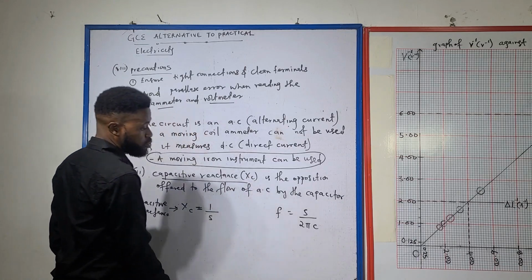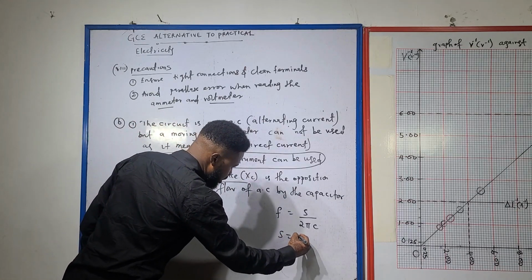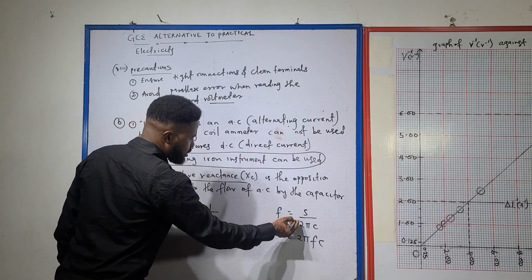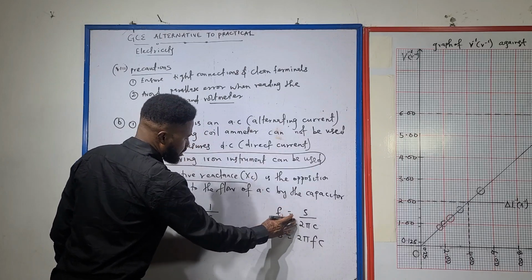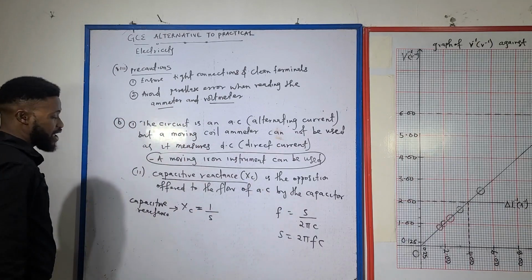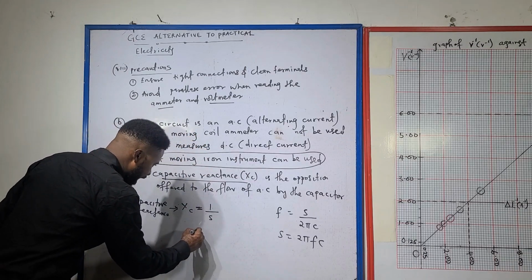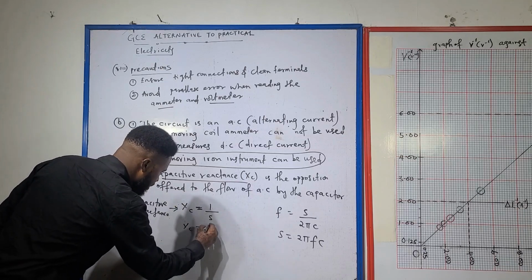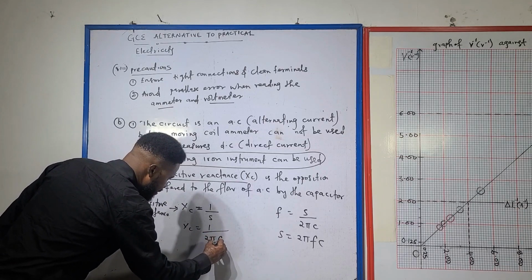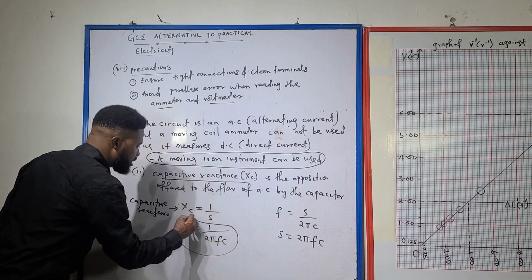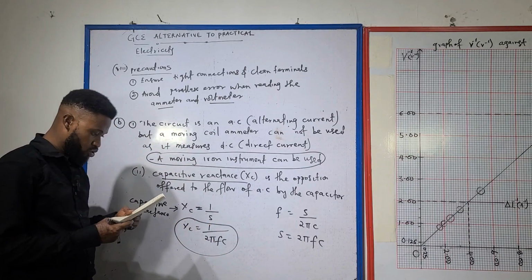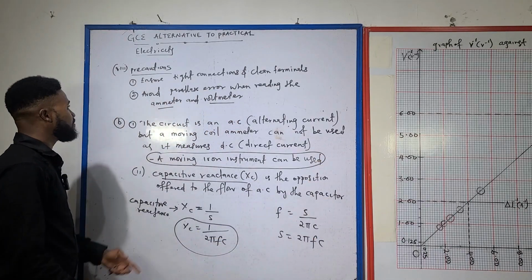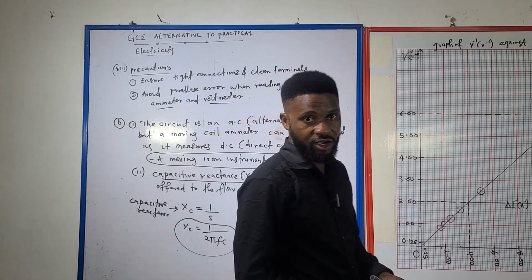Making the slope the subject, my slope is actually 2 pi fc. So my capacitive reactance based on this experiment is XC equals 1 divided by 2 pi fc. This is an expression for the reactance in this circuit, and that just ends the question.